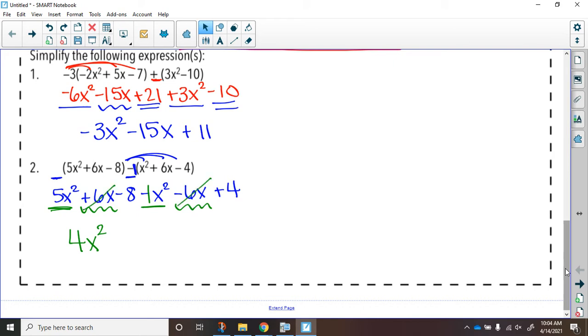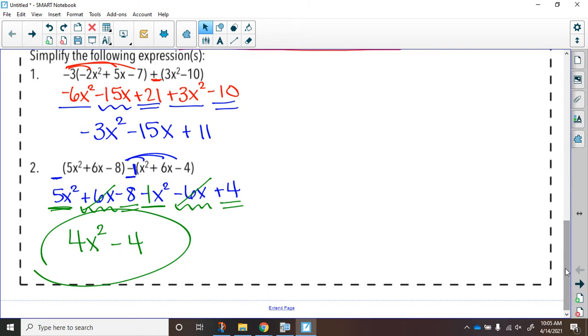They disappear. The variable does not stay. I cannot have a 0x. Not possible. Because anything times 0 is 0, even a variable. And finally, we have negative 8 plus 4, which is negative 4. So this right here would be my final answer.